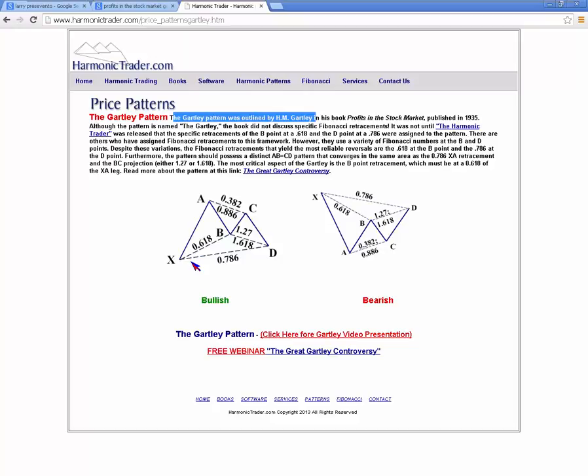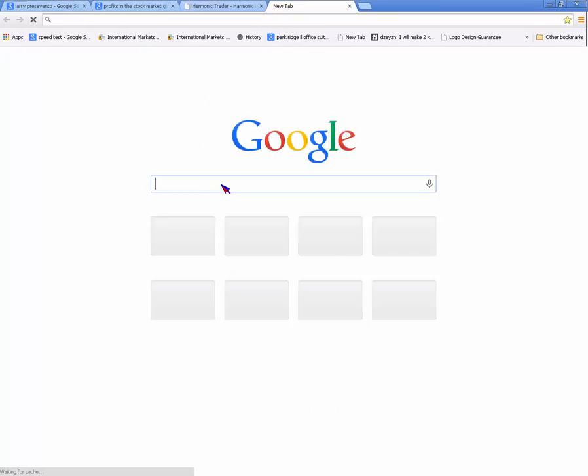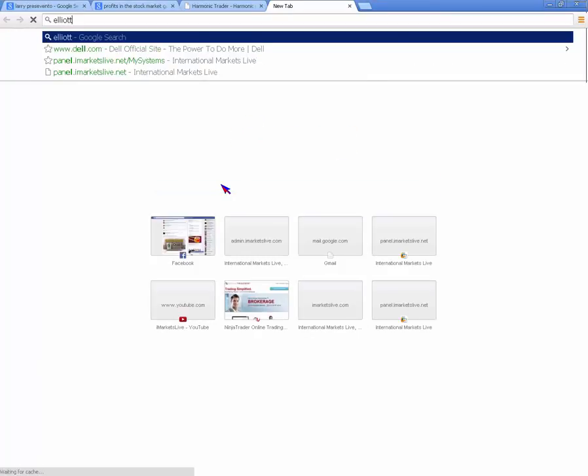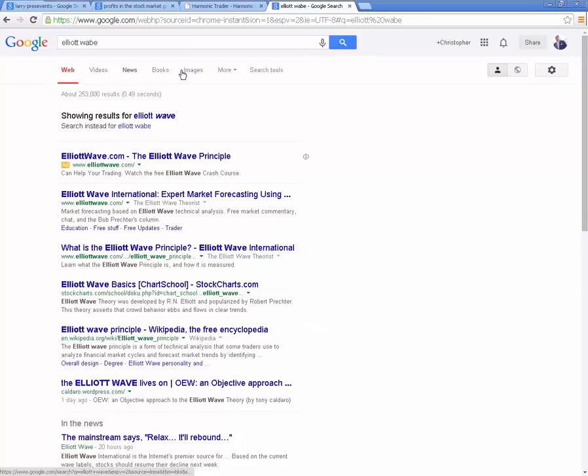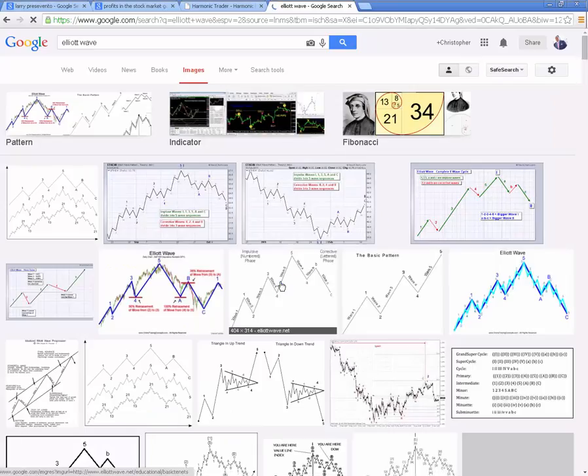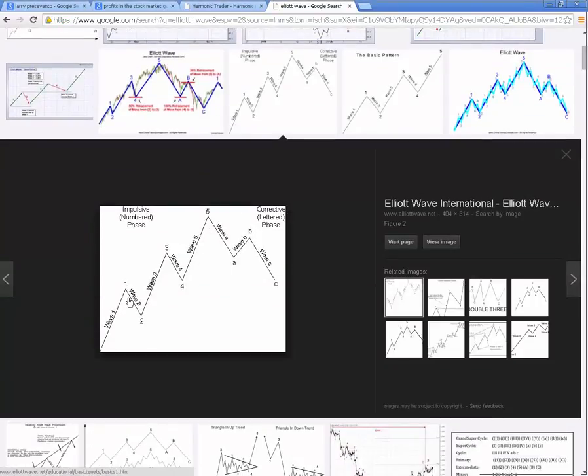The Elliott wave has a five-wave sequence where you have a 1, 2, 3, 4, 5, which essentially the 1, 3, and 5 legs are the three pushes. So let's see if we can do a little search here. If we look at the images and look at the five-wave, let's just pick it up here.